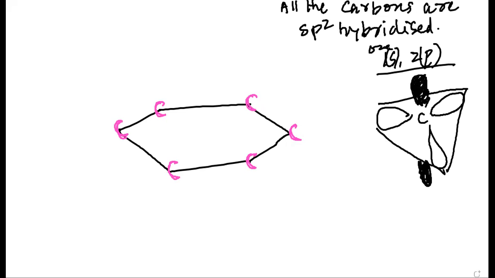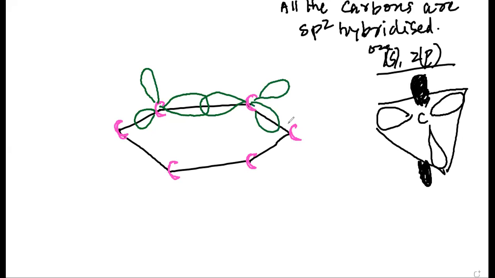This carbon is going to have three orbitals, one, two, and the third one. Same way this carbon has three orbitals, one, two, and three. All these orbitals are present in the same plane, my dear students.